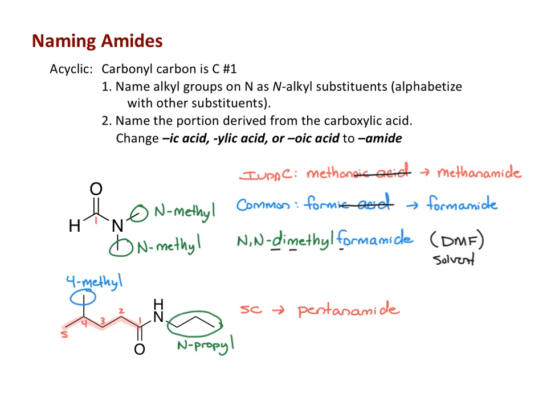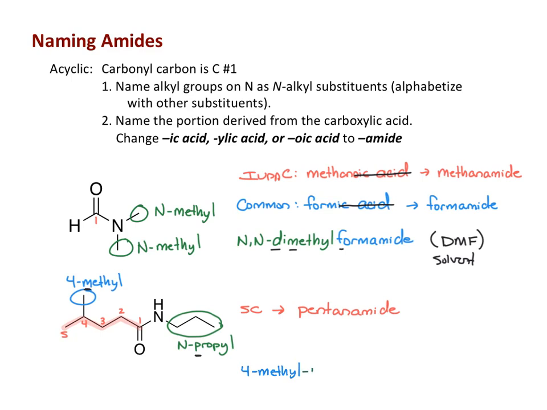So now to generate this name, treat these two substituents as just any substituents that you would alphabetize. And we're going to alphabetize these based on the P in propyl, the M in methyl. So to put this name together, the M comes first, 4-methyl.